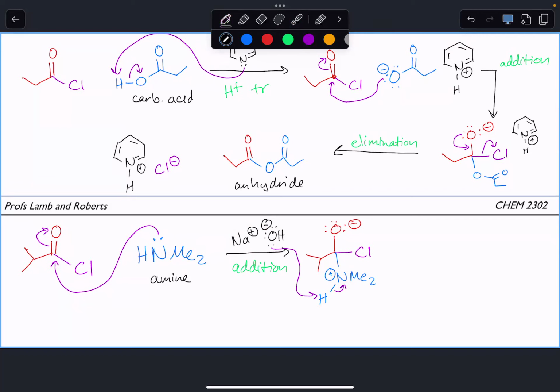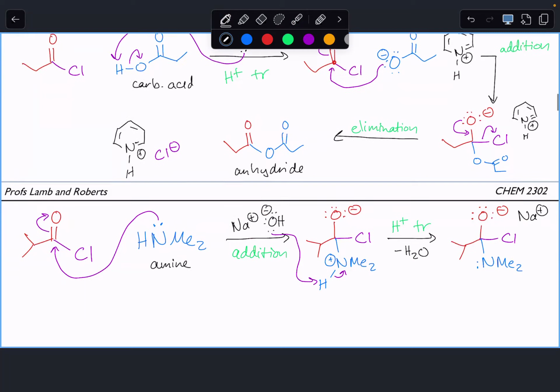So now we do our proton transfer to make that nitrogen not be positively charged anymore. Okay, so we lost water in that process. Sodium is our counter ion. Okay. So we made our nucleophile neutral.